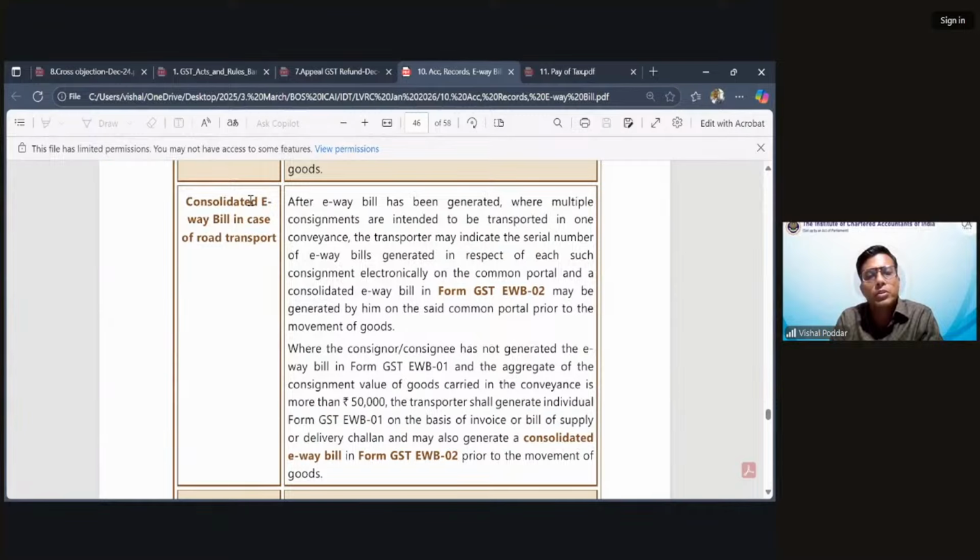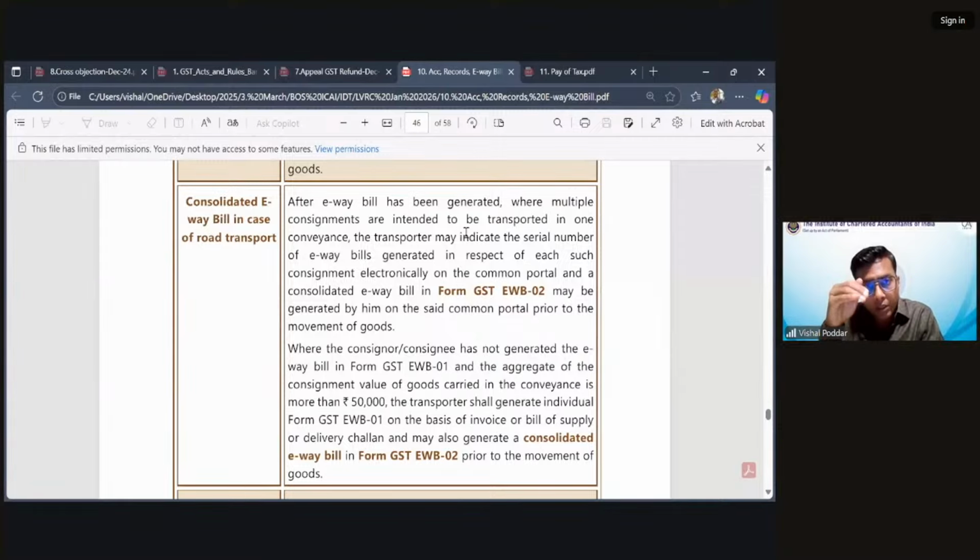Next concept is the consolidated e-way bill. What is this consolidated e-way bill? This is the responsibility of the transporter. This is required where individual e-way bills are not prepared, because individual consignments are below 50,000. But when all these consignments are loaded in one truck, the total value of transportation done in that truck exceeds 50,000. Now the buyer and seller are correct in not generating the e-way bill because the value is below 50,000.